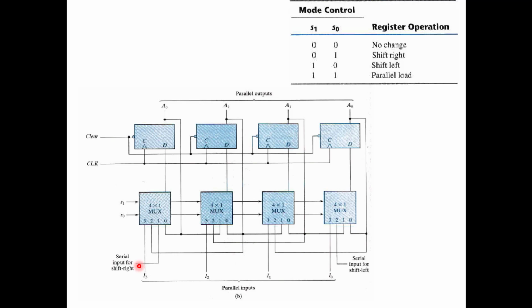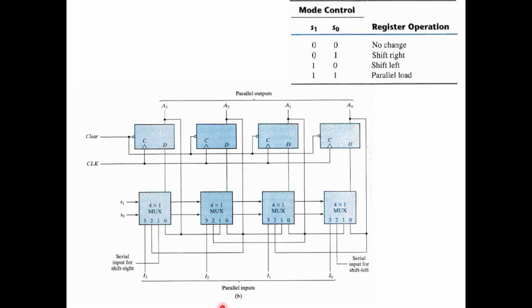If you have a second bit, it also follows the same path. It will pass through the 4 into 1 multiplexer, then be applied at D, then appear at A3. A3 will be applied as input for the second multiplexer at one input line, because you activated the number 1 line, and will pass through D and appear at A2.